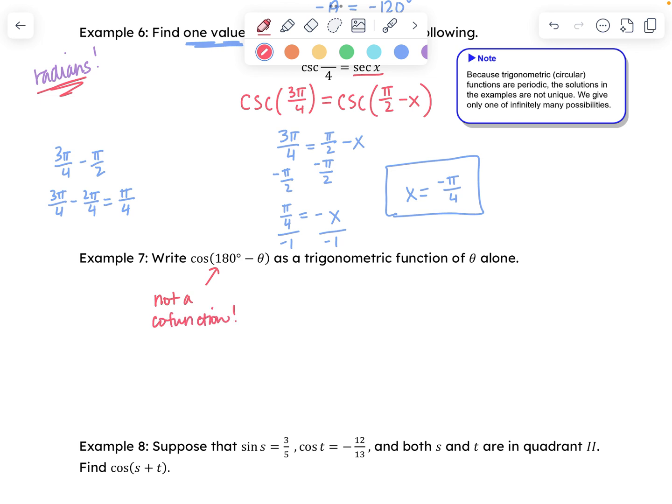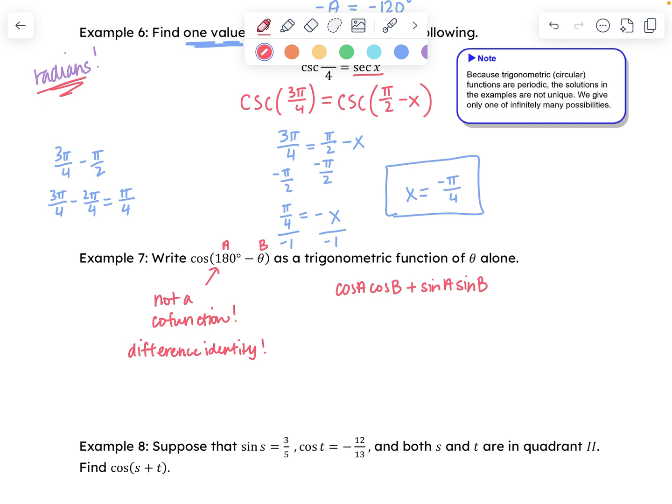So when it says to write this as a trig function of theta alone, this is where we've got to use a difference identity. So remember, that's the cosine of A, cosine of B, plus sine of A, sine of B, where A is going to be that 180 degrees and B is going to be theta.